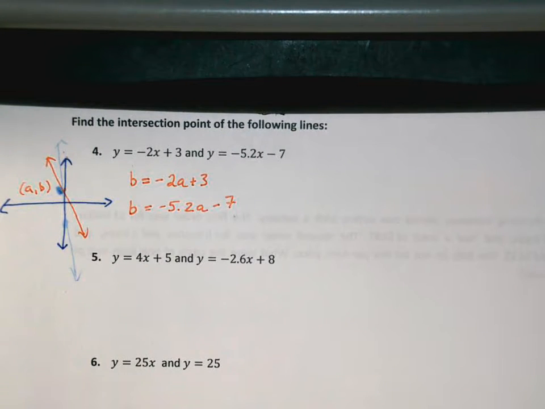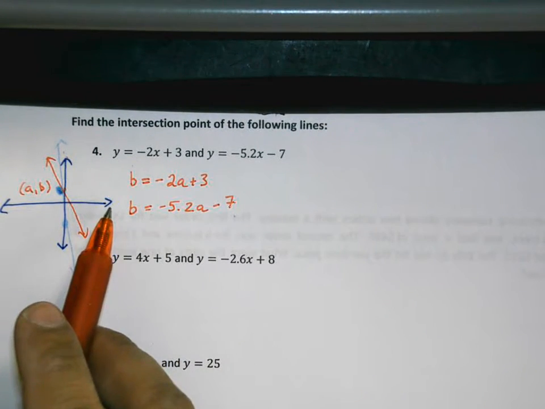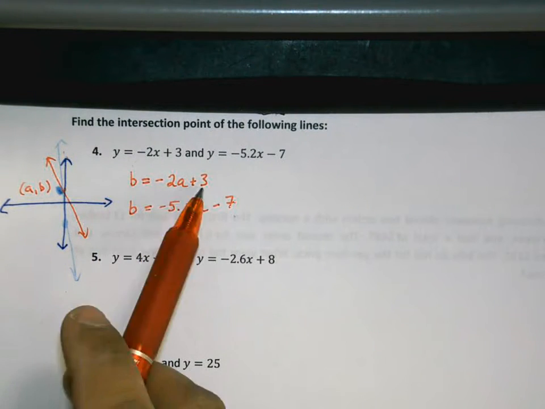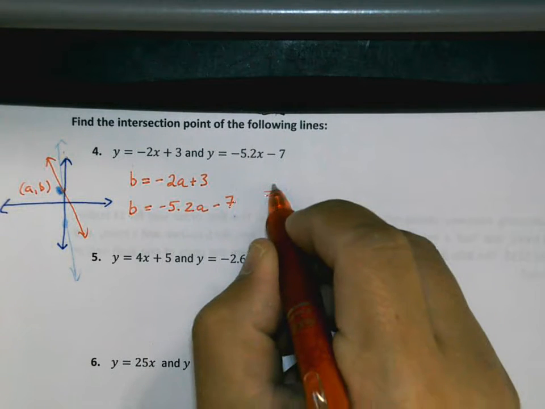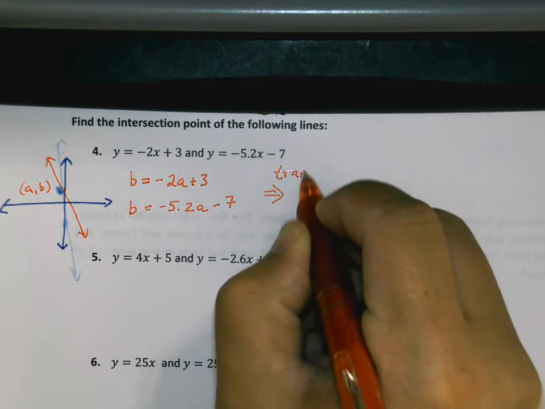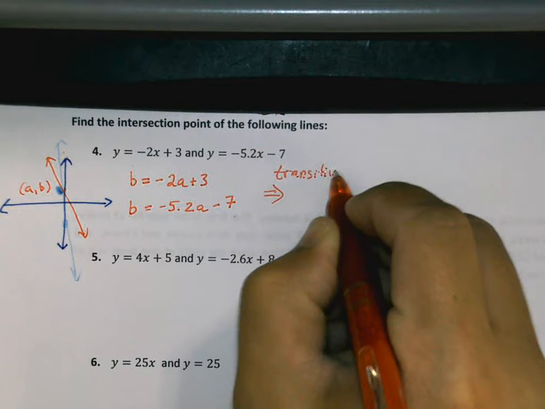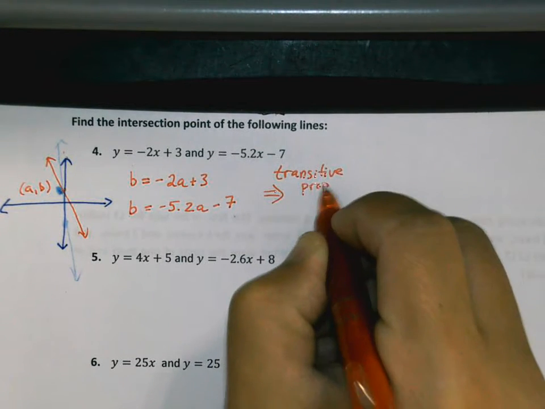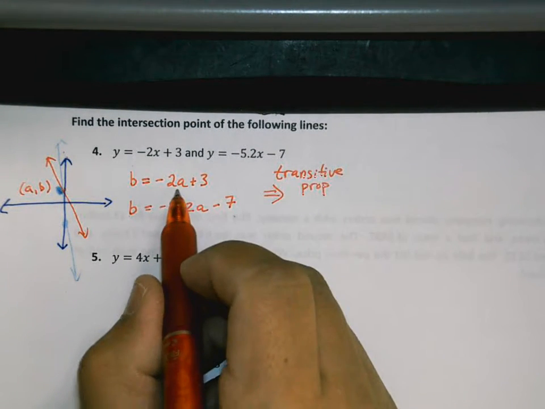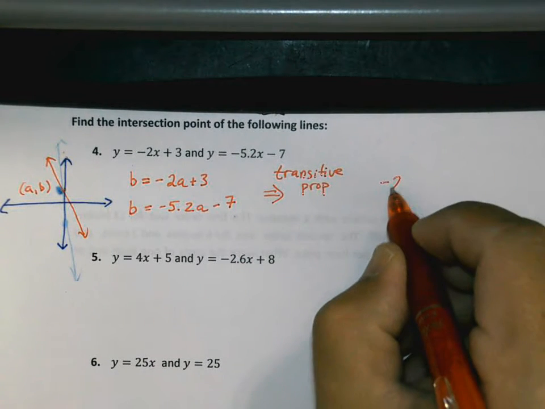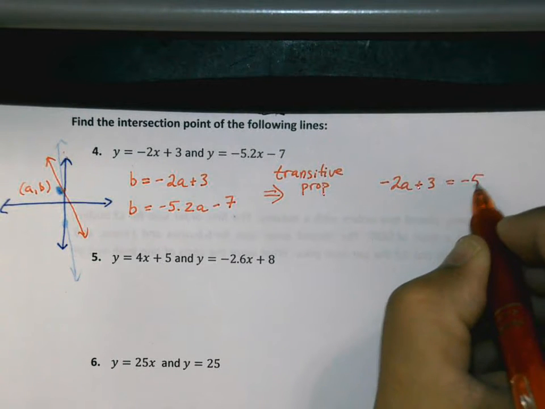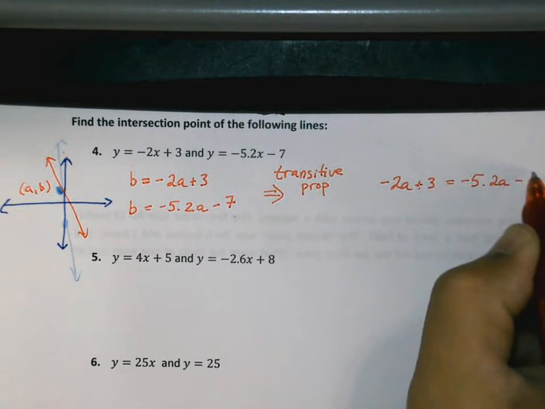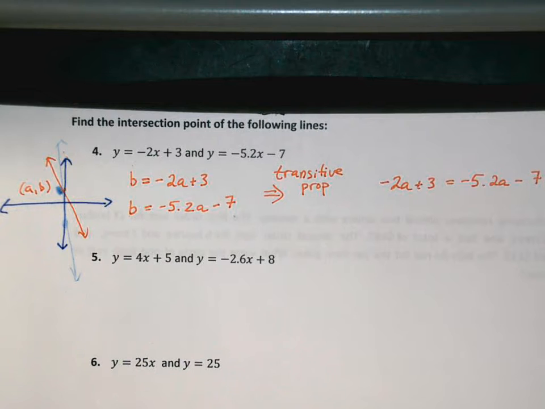Now, if you look at these two equations, you have B equal to something and B equal to something. Using the transitive property, we can set the two right sides of the equations equal to each other. So we get -2A plus 3 is equal to -5.2A minus 7. And now our task is to solve for A.